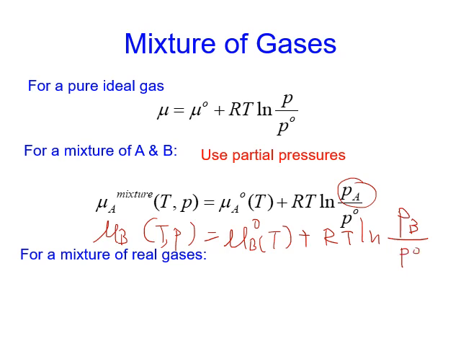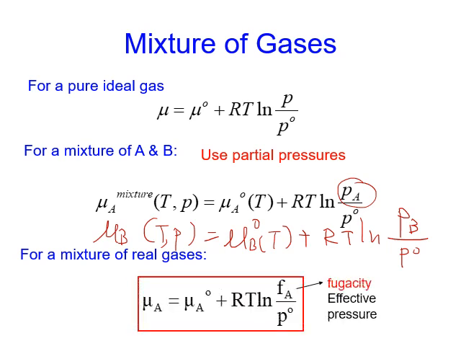Now, if it's a real gas, then we keep the form of these equations but replace partial pressure by fugacity, which is the effective pressure, to make this equation still valid.